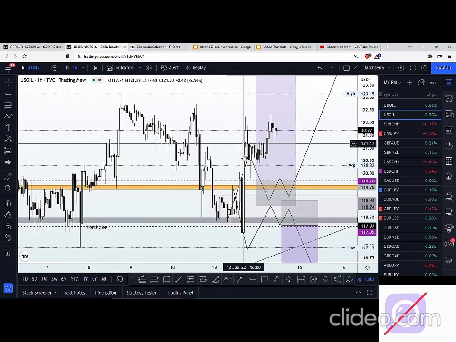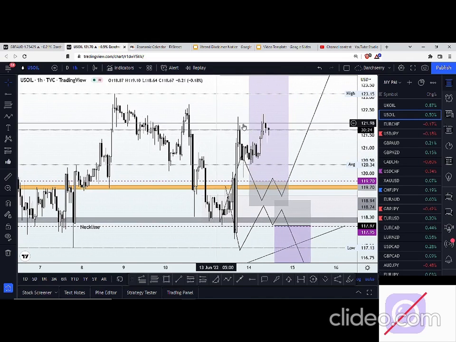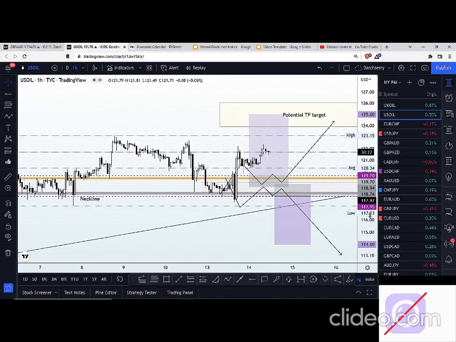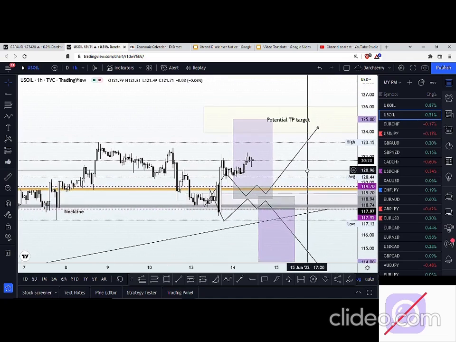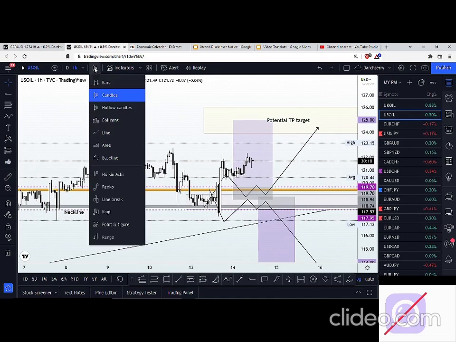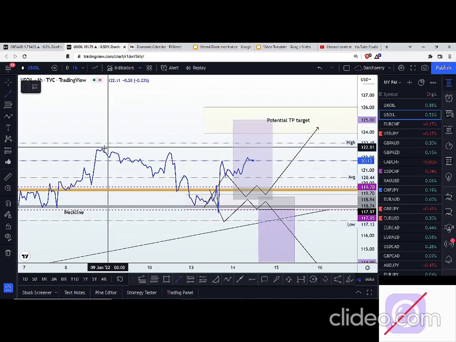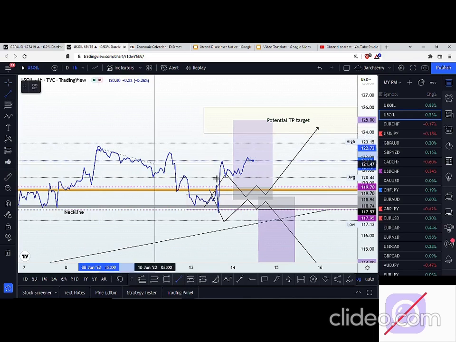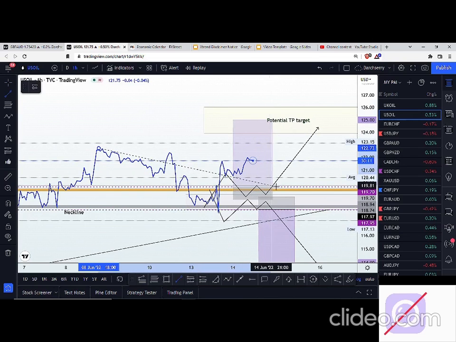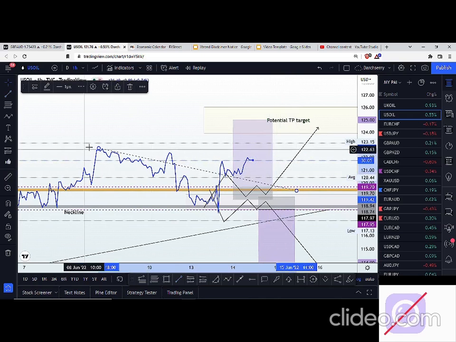Moving in to see what has been happening since yesterday on this pair, let's bring out our line chart at this point, and we can see that we have a trend line here which was broken and retested.